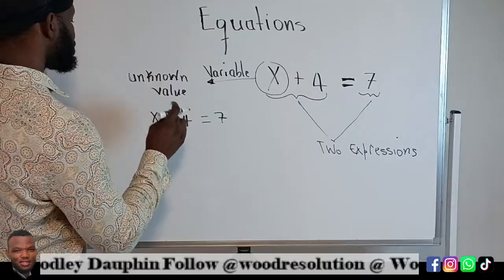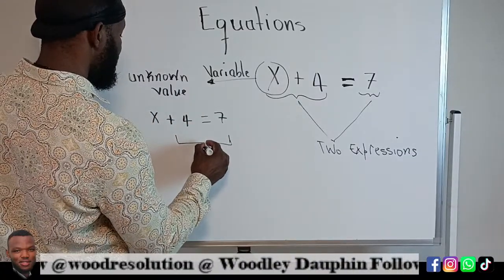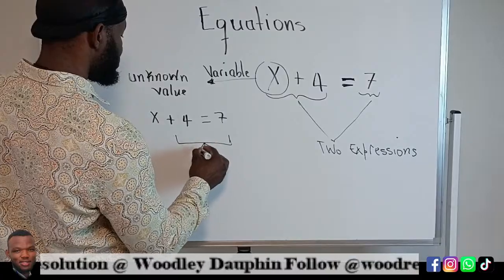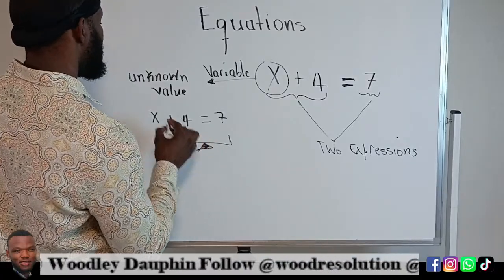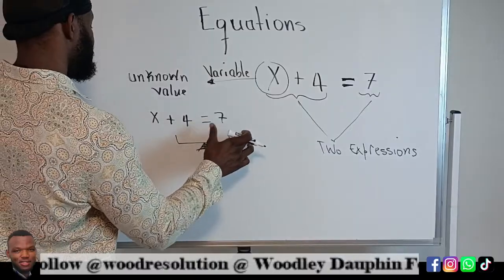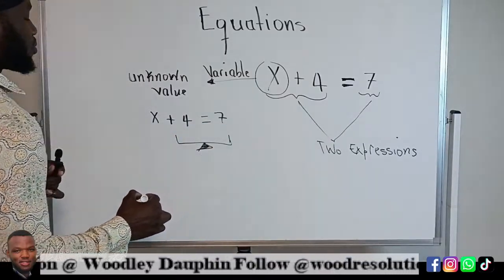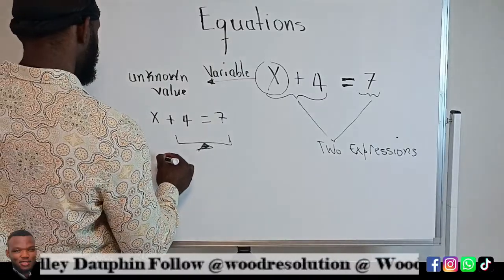So I should keep the balance. To keep the balance, guys, whatever operation I do here, I should do the same here in order to keep the balance. So let's go by subtracting 4 from both sides.